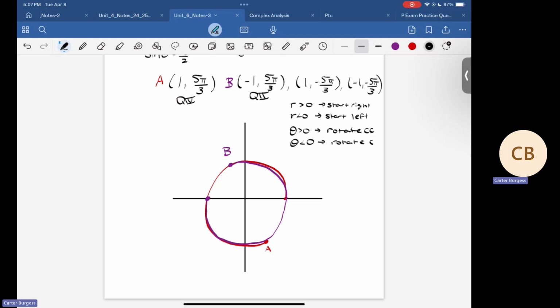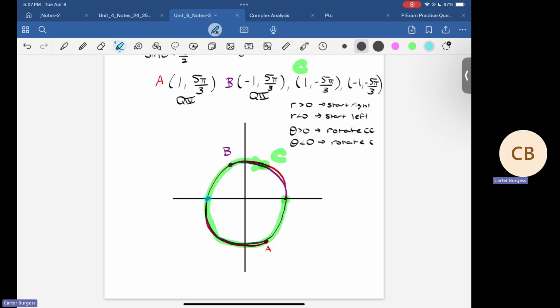Starting to the right, rotating counterclockwise. So starting here, rotating, passing through 1, 2, 3, and then stopping in 4. This here would be point C, which is the answer ultimately that we're looking for, but while we're here, we might as well finish.